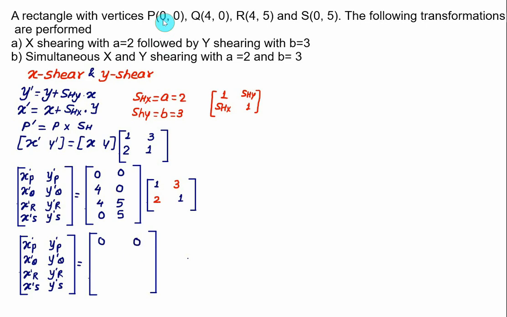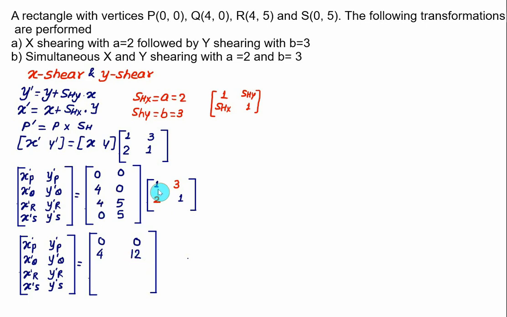Since the point P is lying on the origin, there is no change in the coordinate due to both x and y shear. Then we have 4 into 1 is 4 plus 0, that is 4. Then we have 4 into 3 is 12 plus 0, so we have 12.